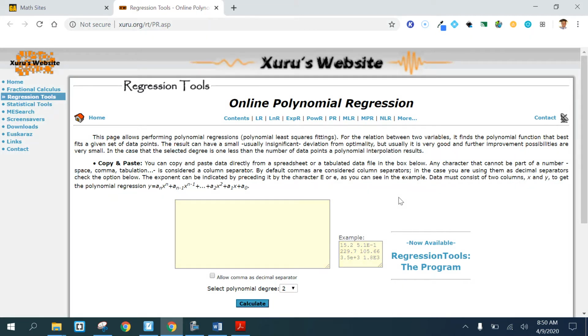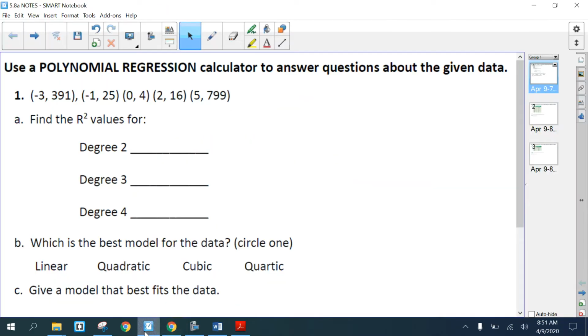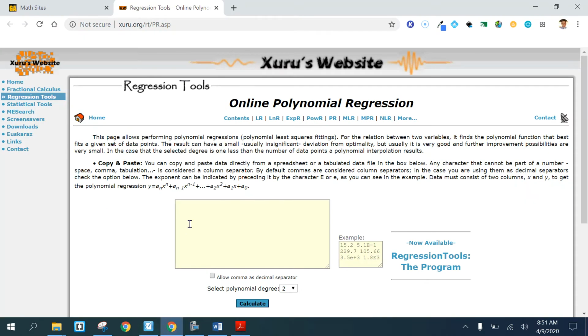Now, this website's a little bit tricky at first to use, but let's see how to enter the numbers in. We want to enter these XY points into this website, but the trick is you have to enter them with no commas. The first point is -3, 391.